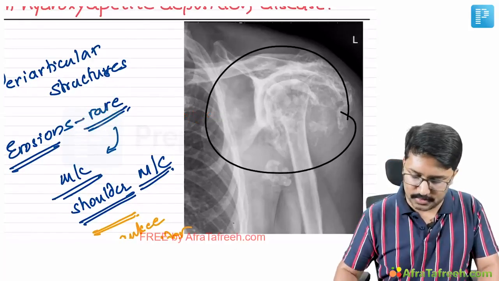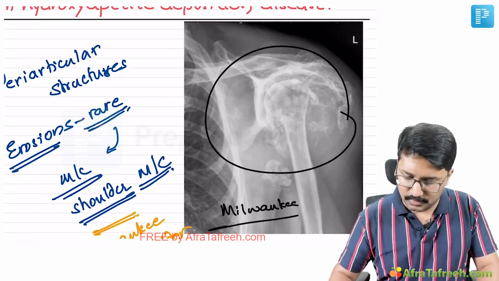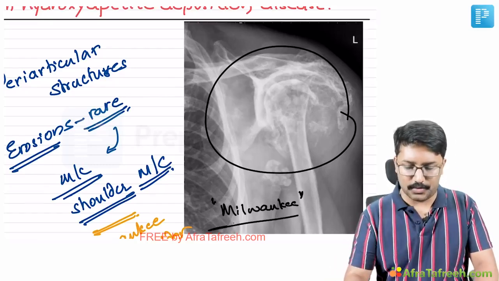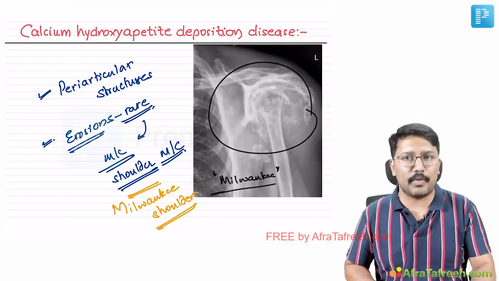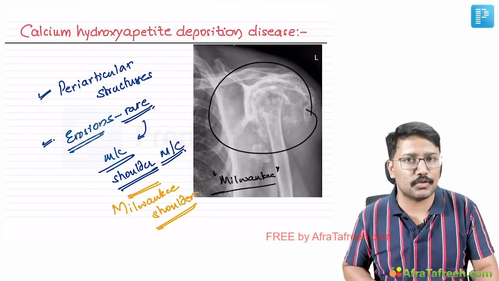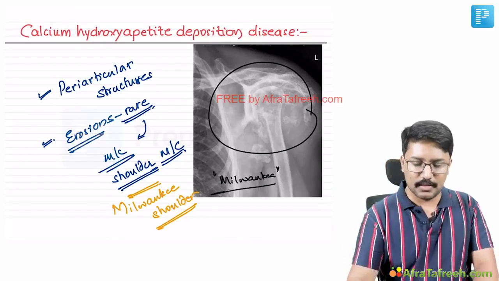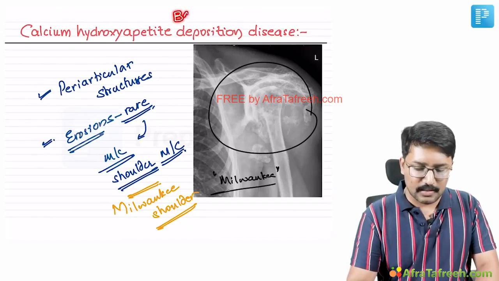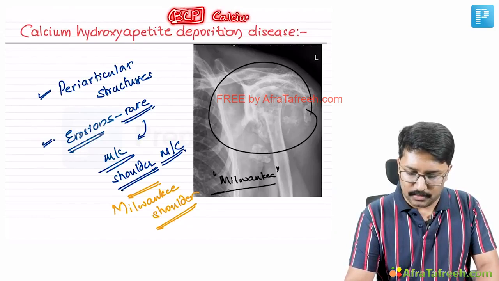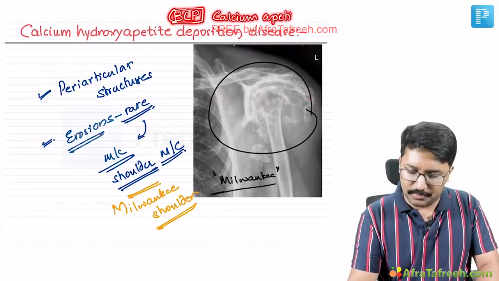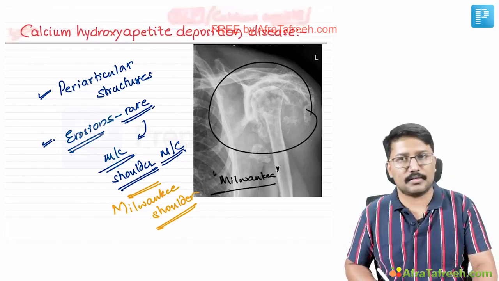This is an image of a patient with Milwaukee disease of the shoulder. If an MCQ appears from this, it will be very simple. They will ask: Milwaukee shoulder is seen in which of the following conditions? That is your basic calcium phosphate, calcium apatite, or calcium hydroxyapatite, all meaning the same thing, deposition disease.